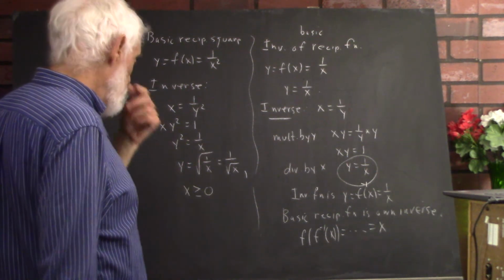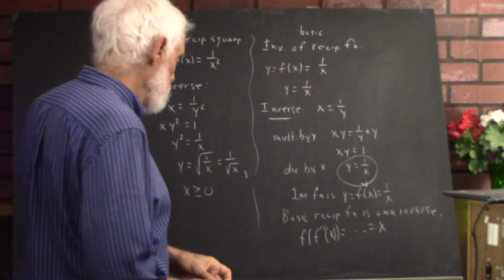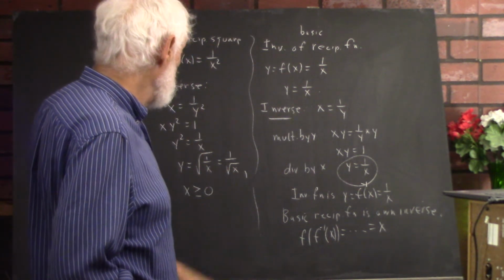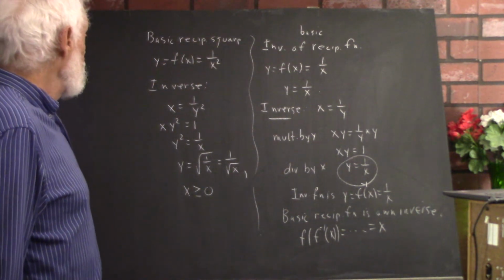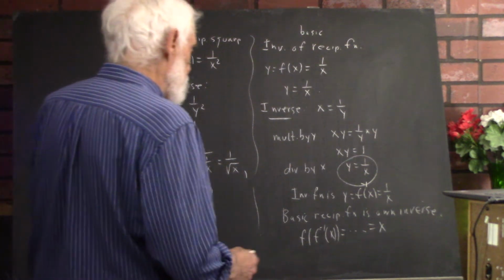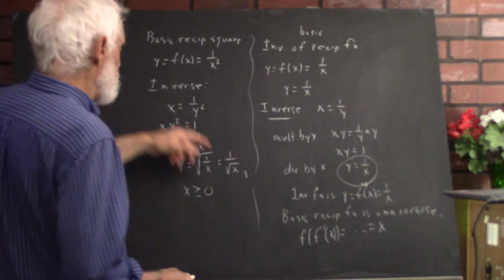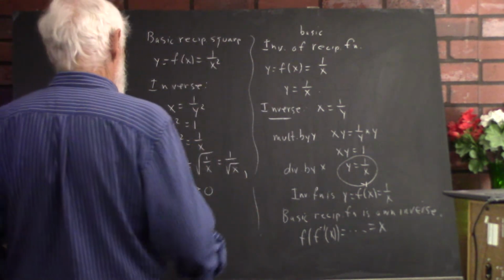And that only works for x greater than or equal to 0, because the square root of a negative does not give you a real number. So there we have the inverse of the basic reciprocal square function. And again, you can check and see that when you compose these functions, you get x.